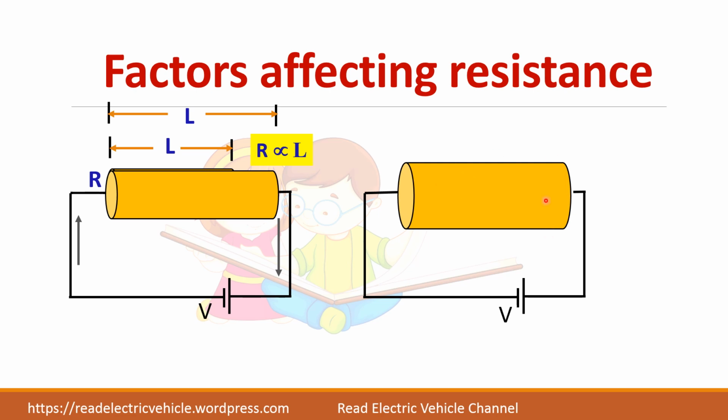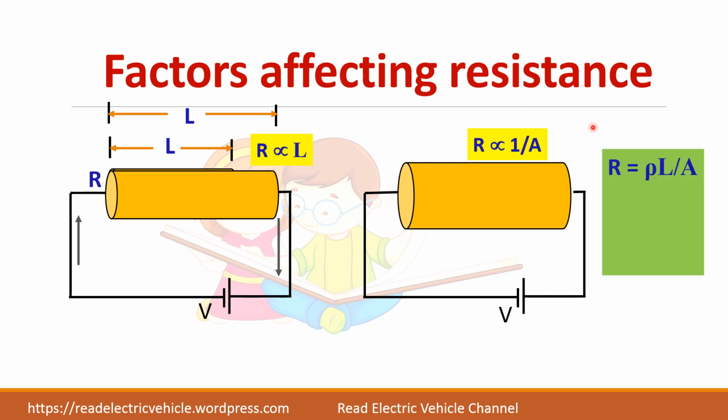Compare to the traffic, here you are traveling in a single lane, so it takes more time to reach the destination. Here you are traveling in a 4-lane, so naturally what happens? You can easily reach your destination, or the resistance offered will decrease. So R is inversely proportional to area. So R is directly proportional to length and inversely proportional to area.